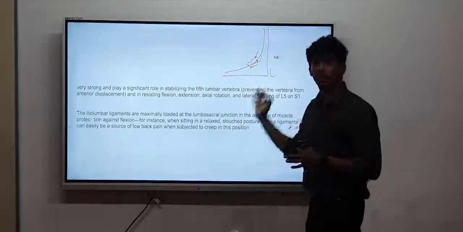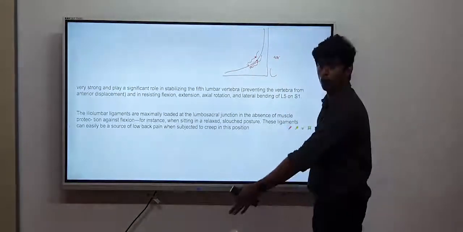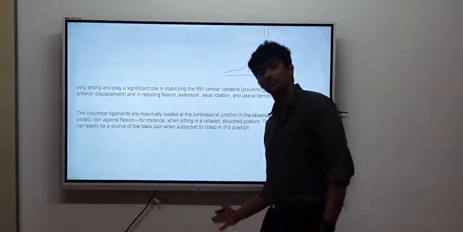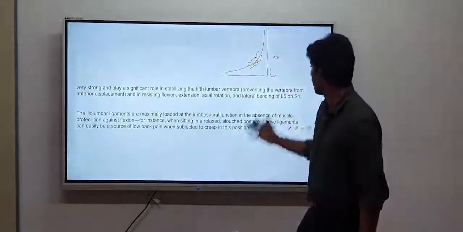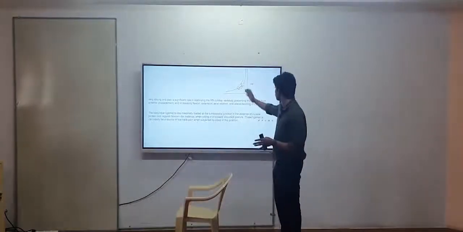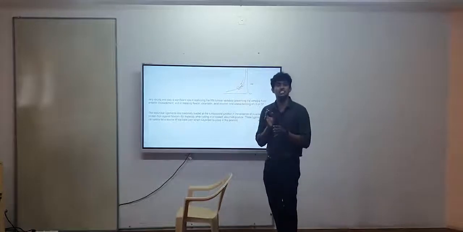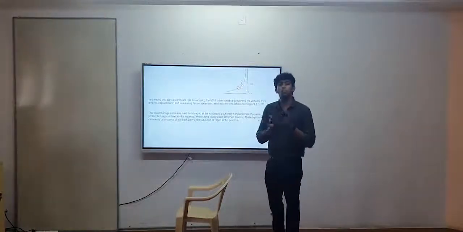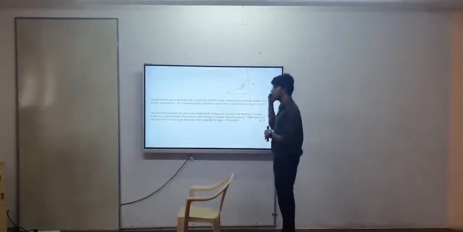If you are sitting in an upright chair, for whatever I have explained, external support from the chair will be helping our body if you are sitting in an upright posture. But if you slouch like this, the internal structures have to compensate. Internal structures in the sense our muscles have to compensate more in order to prevent further injury.